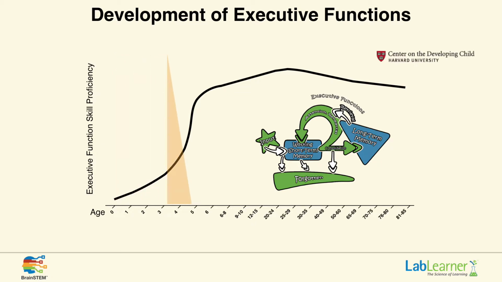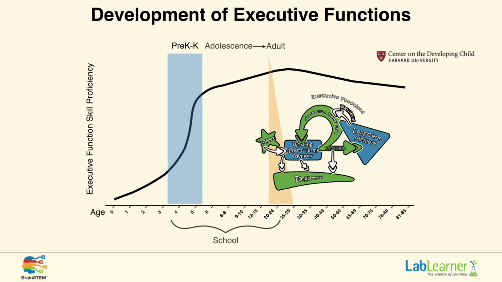I would like to point out that there's a really sharp increase between, let's say, 3 and 5 or so, which is the time of preschool or kindergarten. When we talk about the importance of preschool education, we can see that executive function proficiency is increasing dramatically during that period that we have children in preschool programs.